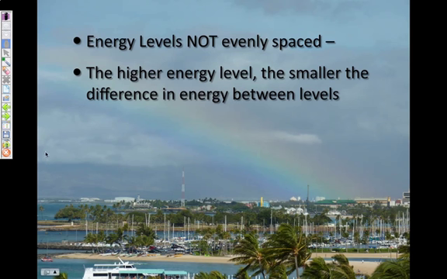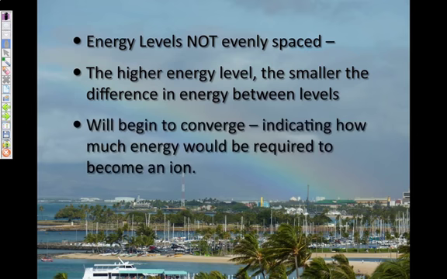Perhaps not. Energy levels, I wasn't able to get it totally drawn on there, but energy levels are not evenly spaced. The higher the energy level, so the further away from the nucleus, the smaller the difference is between energy levels. So they get closer together the further out we go. The higher energy level is the further out.